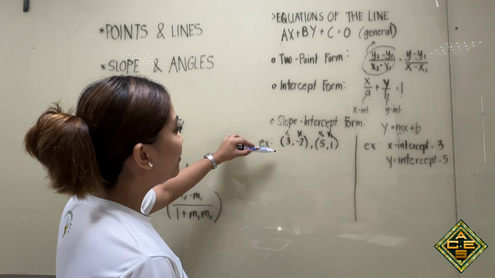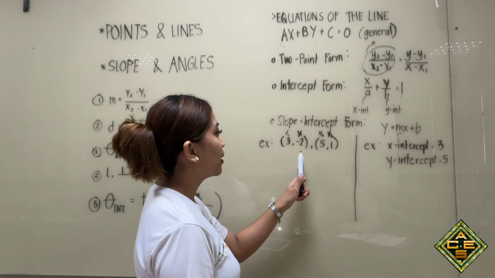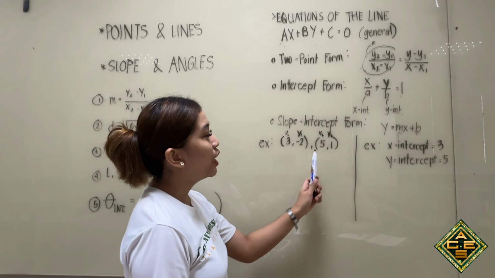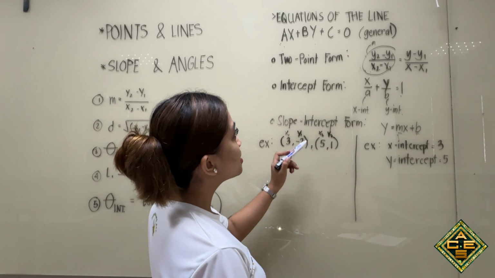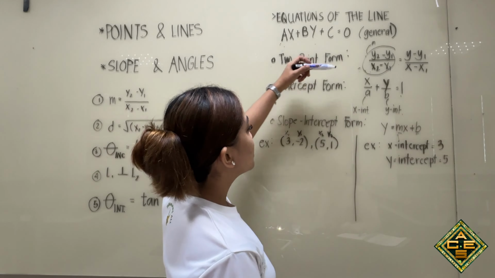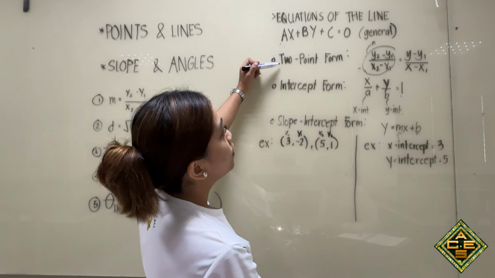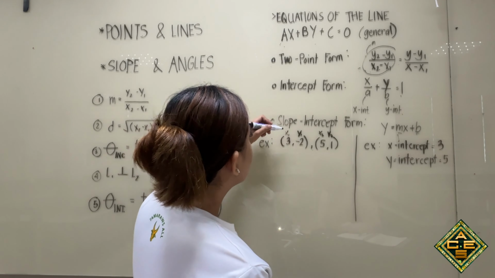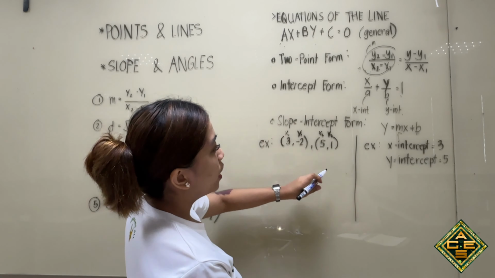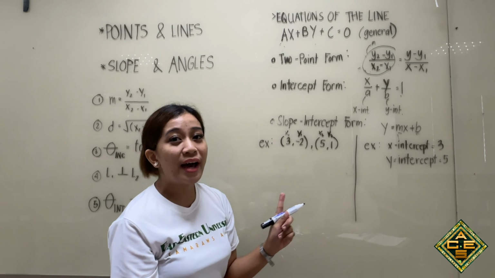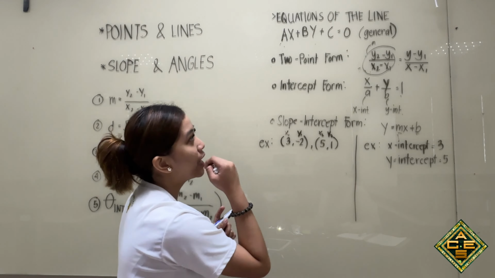Now we have an example. We're given a pair of points, (3, -2) and (5, 1). Since we're given two points, we're going to use the two-point form. Let's label them x sub 1, y sub 1, x sub 2, and y sub 2 so we don't get confused in plugging into the equation.